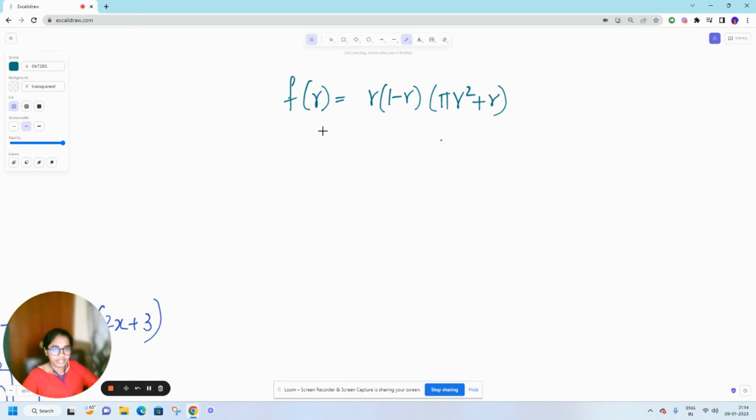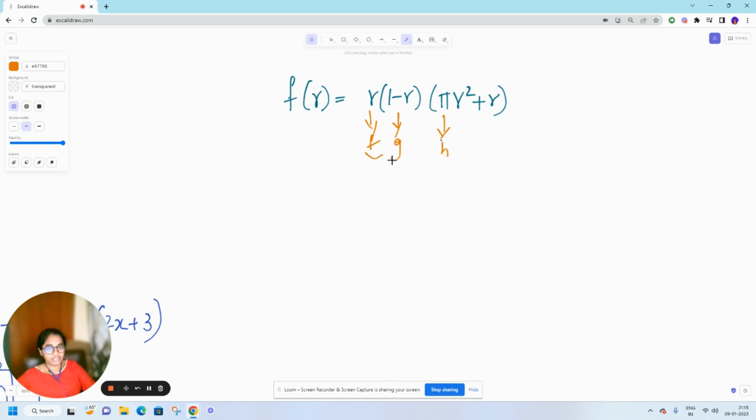yes, f of r is equal to r into 1 minus r into pi r square plus r. Let us find the derivative of this. Okay, so here you can observe we have three functions in product. Agree? We can write this as f, this as g, this as h.